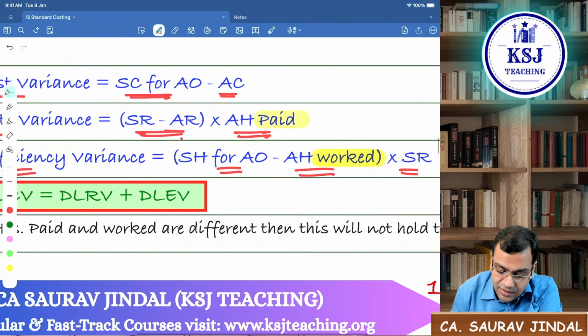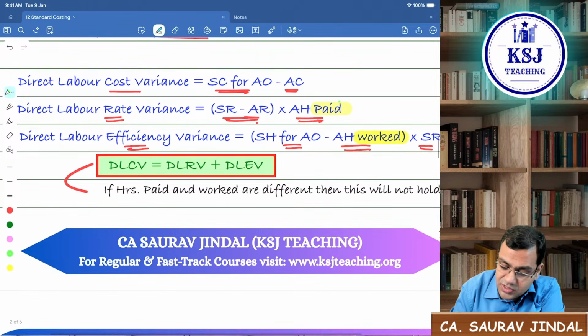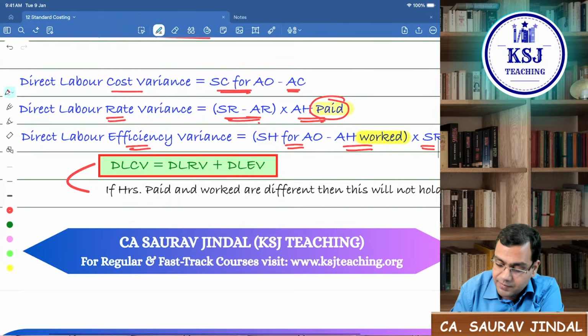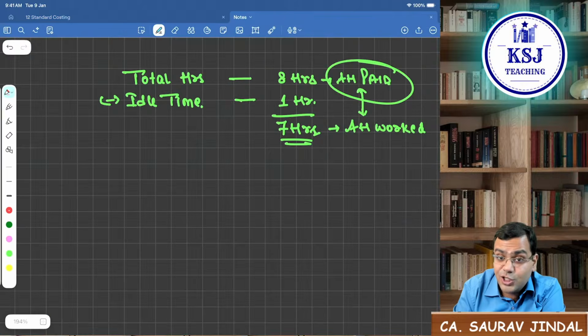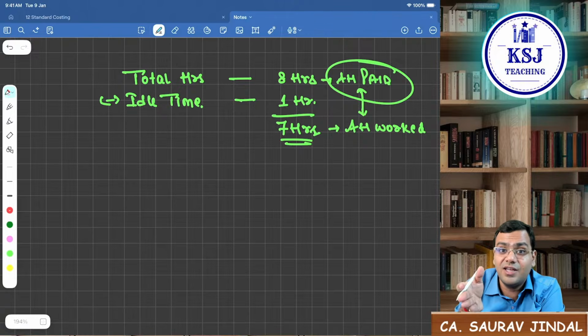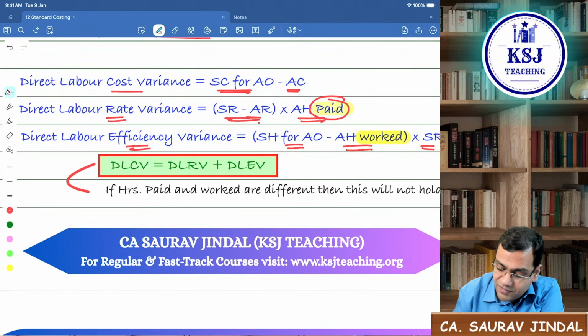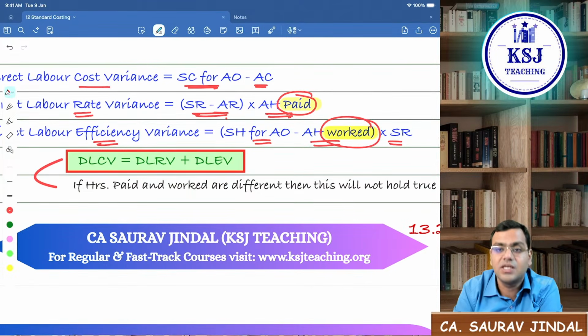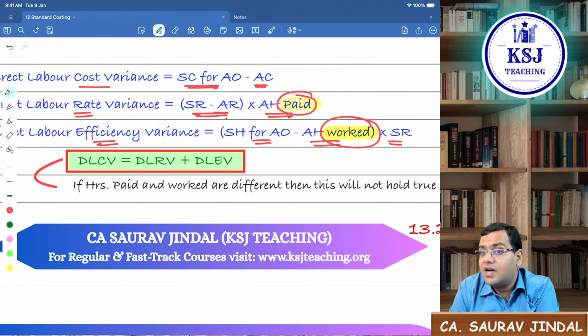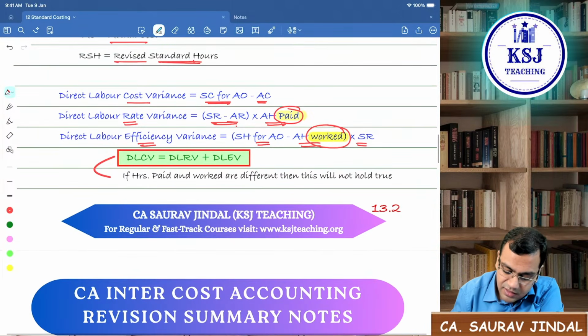But the efficiency of the worker, that is, how many hours you thought he can work and what he is actually working, will be on the basis of actual hours worked. The difference will be there only if the idle time is given in the question.